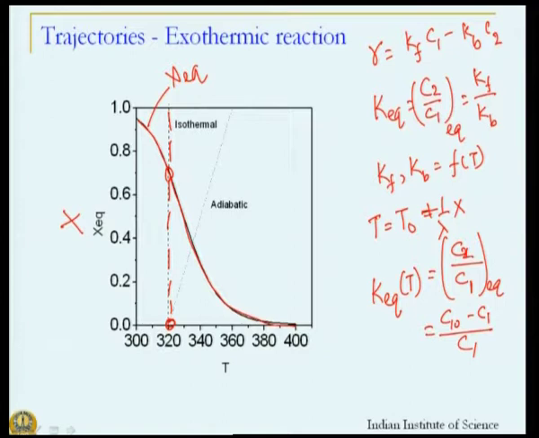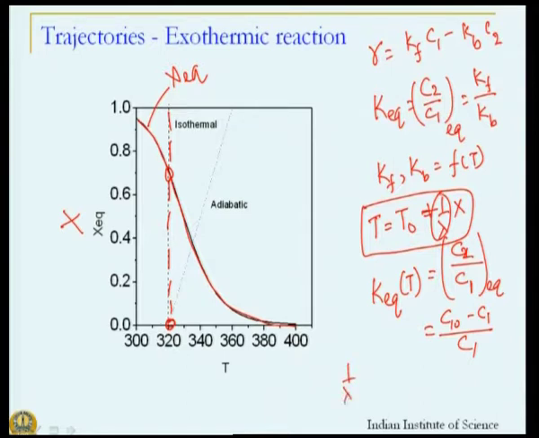Now, let us say that we have an adiabatic operation, okay, exothermic reaction. What happens for an adiabatic operation? From this particular relationship, we see that the relationship is linear between conversion x and temperature T, and we also know this constant 1 over lambda.